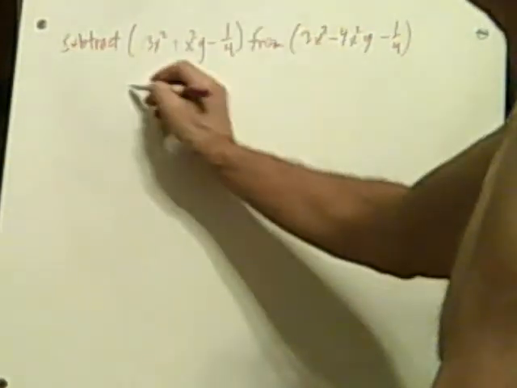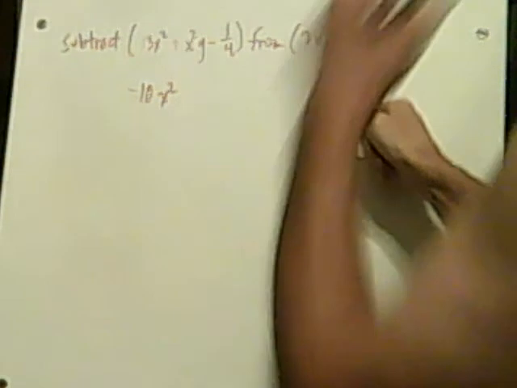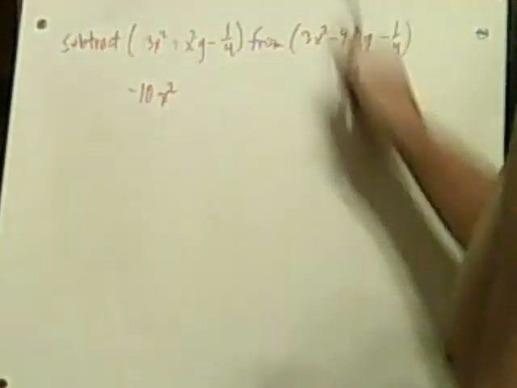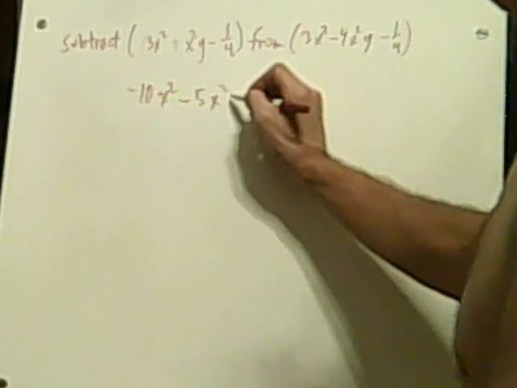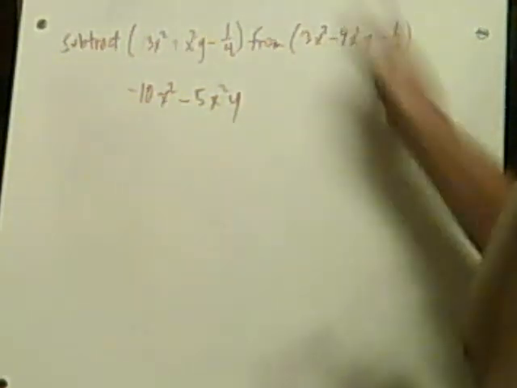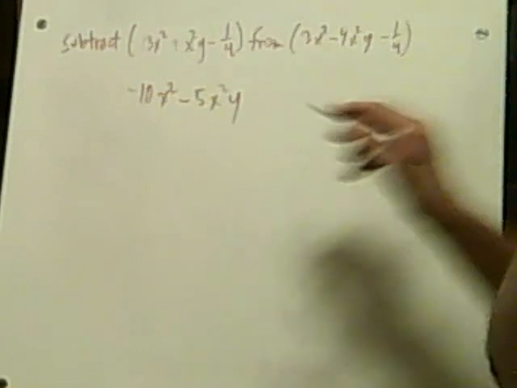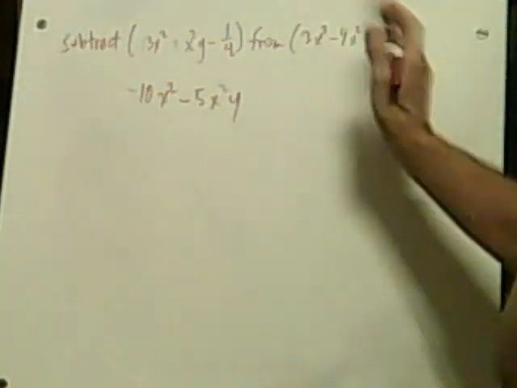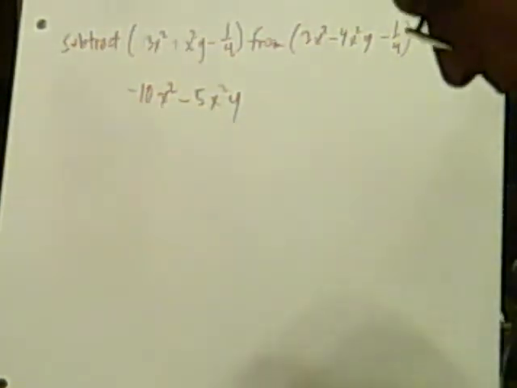So 3 minus 13, negative 10 x squared. Negative 4x squared y minus x squared y is negative 5x squared y. Negative 1/4 minus negative 1/4. Now, that's going to be 0, because any two equal numbers, when you subtract one from the other, you get 0, whether they're positive or negative. Okay, those cancel each other. So this is the answer.